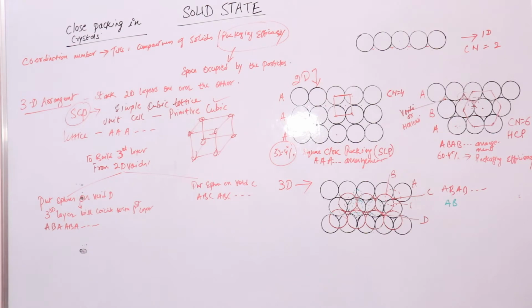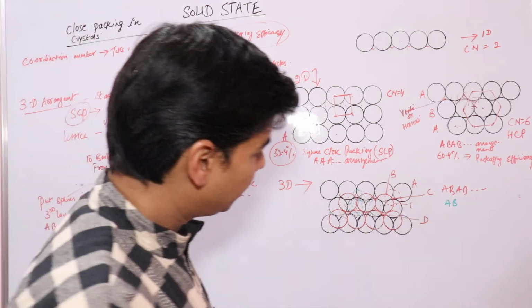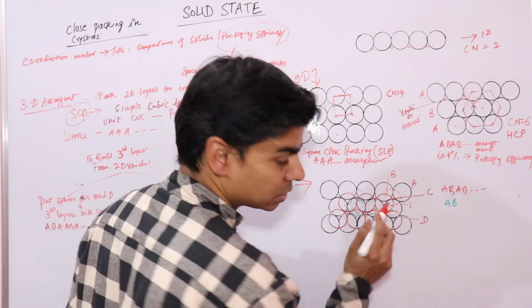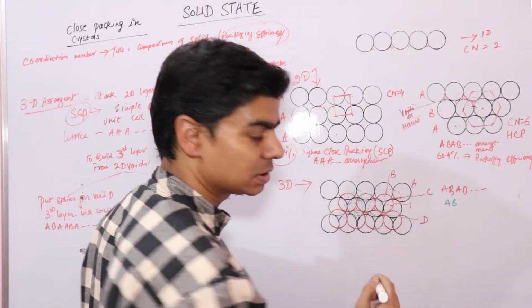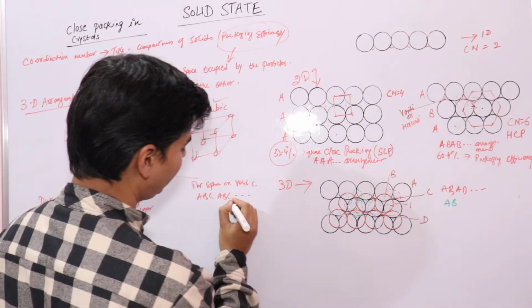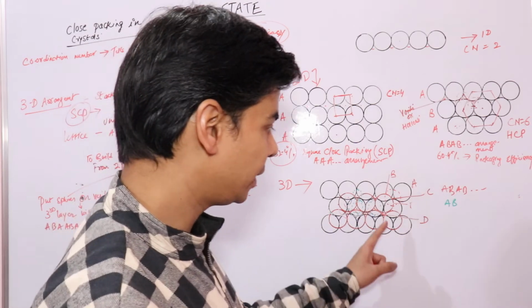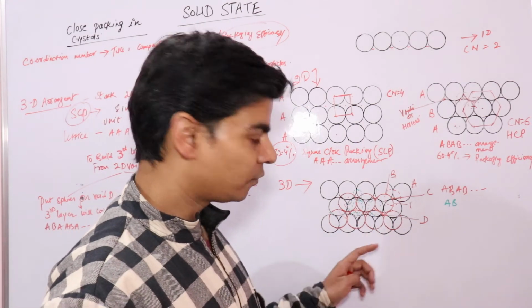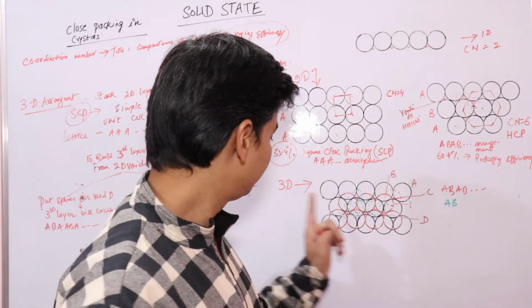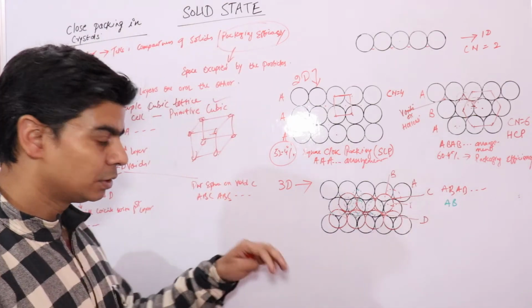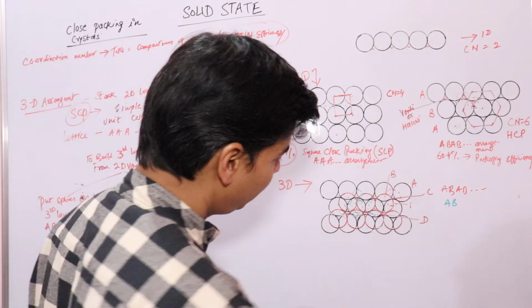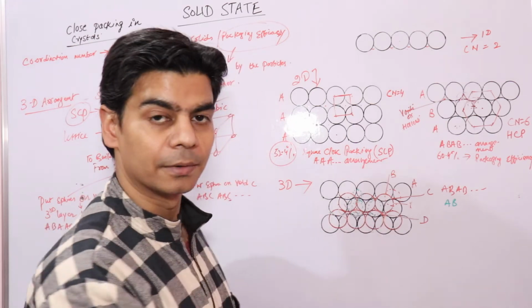Now in this case, I get a new layer when I put the spheres onto this layer. This is the third layer, this new type of layer. Now if I form a fourth layer with this kind of arrangement, the fourth layer that I get will coincide with the first layer.